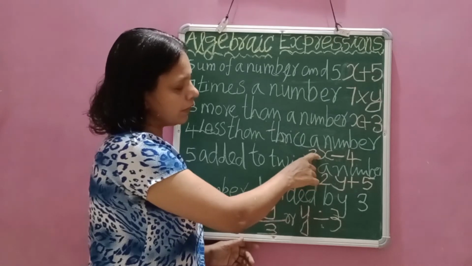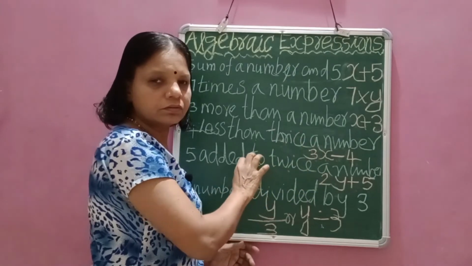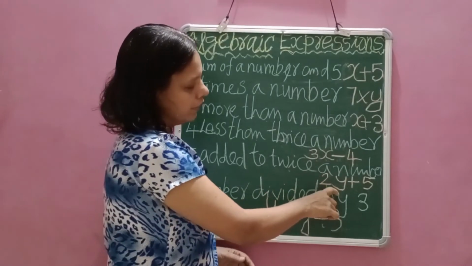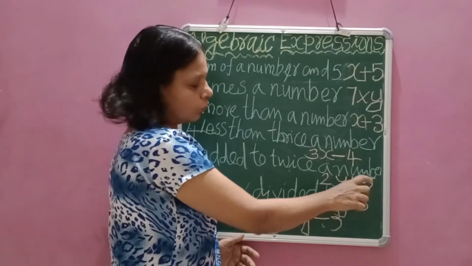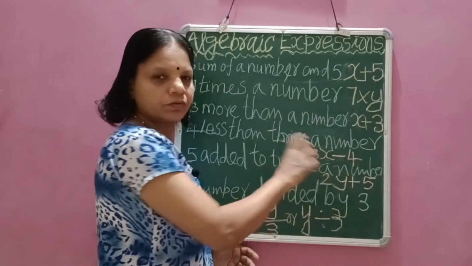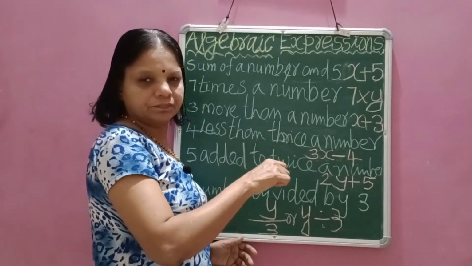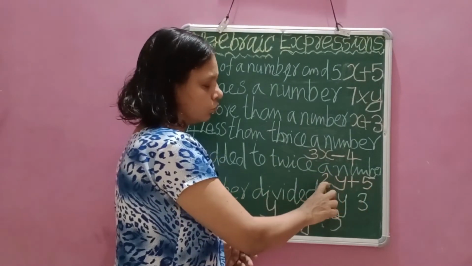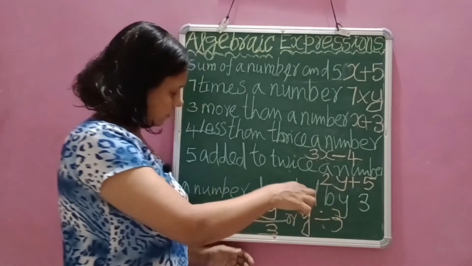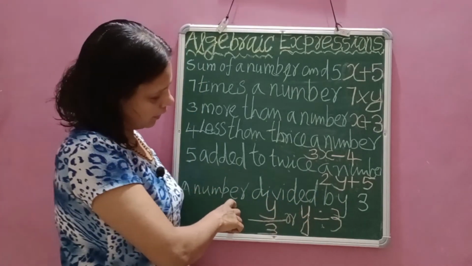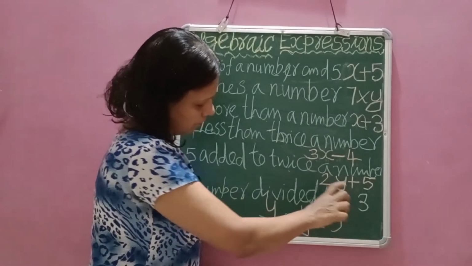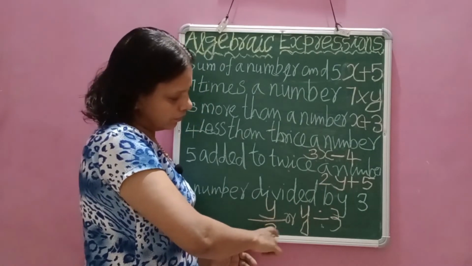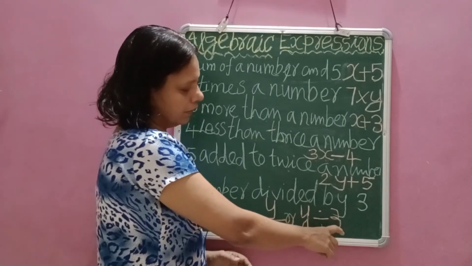Here also there is a multiplication sign, but it is not necessary to show it. So 2y plus 5. 2y means what? 2 into y. Clear? 2y plus 5. 5 added to 2 times a number. Next one. A number divided by 3. Either you can write y upon 3 or y divided by 3.